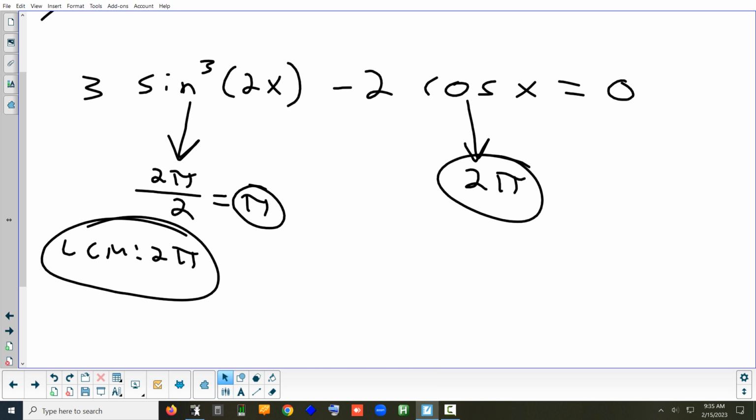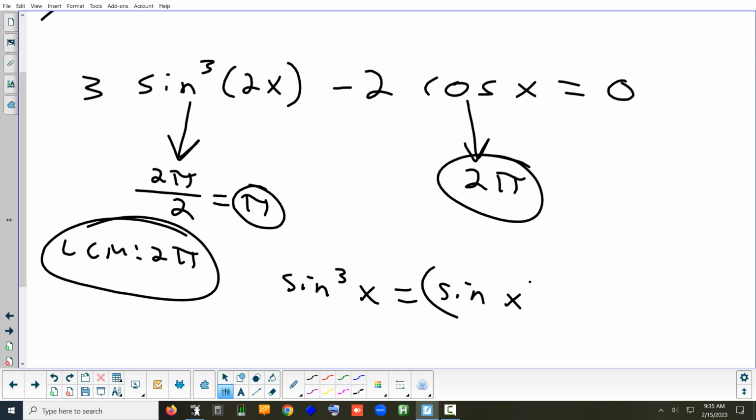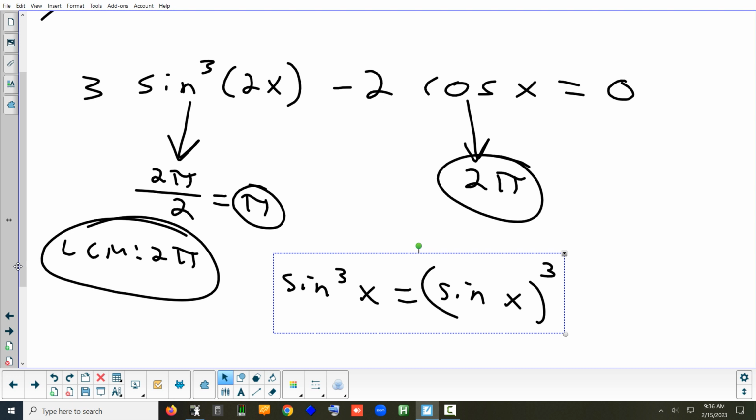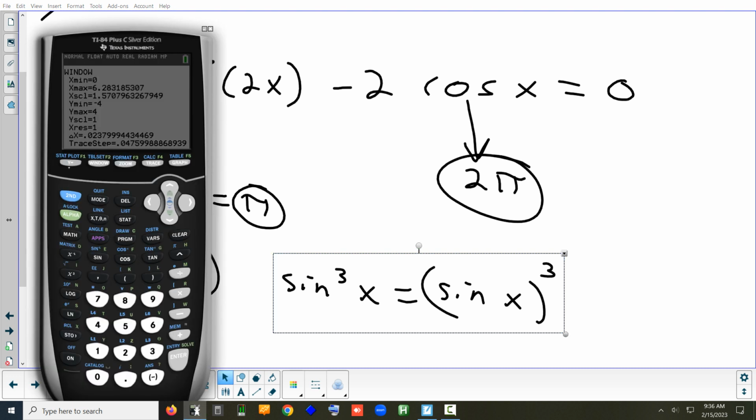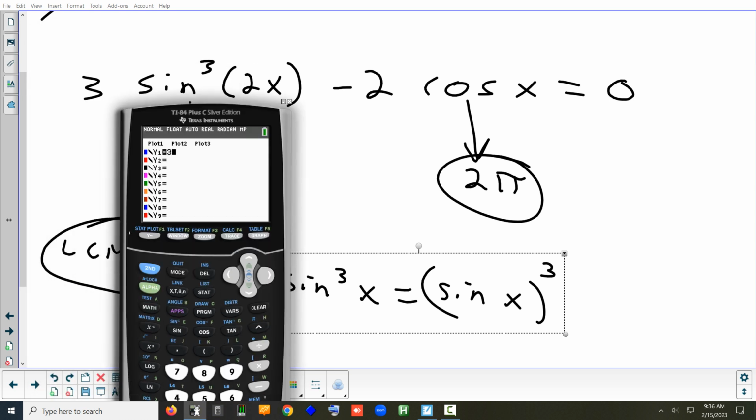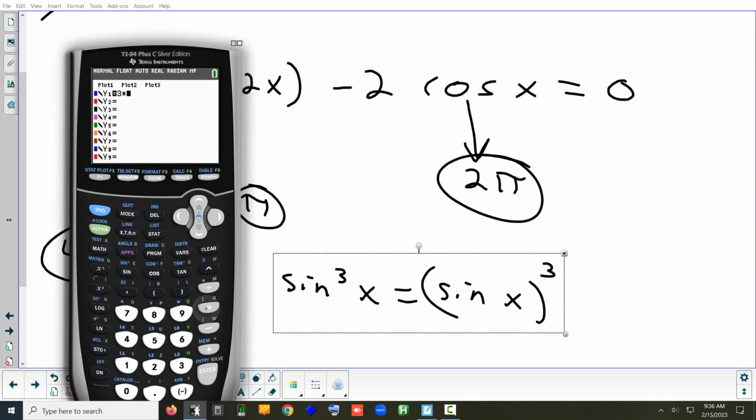All right, so remember what sine cubed means. It means to take and cube whatever your sine function is. In our case, we're not just going to have an x here, we're going to have a 2x. How are we going to type all this in? We're going to do 3 times sine of 2x, cubed.